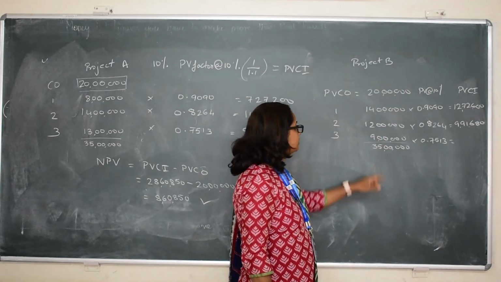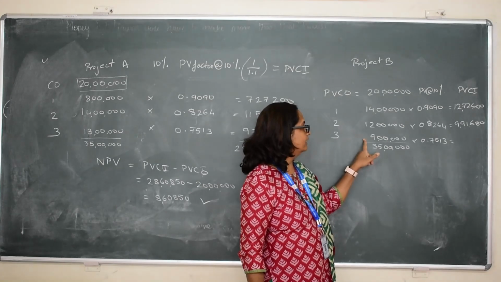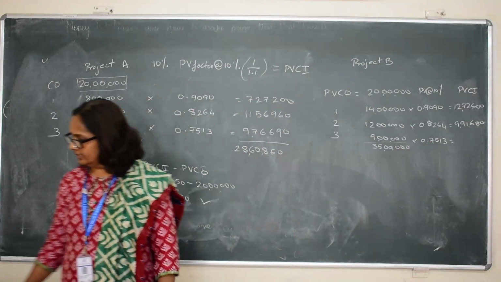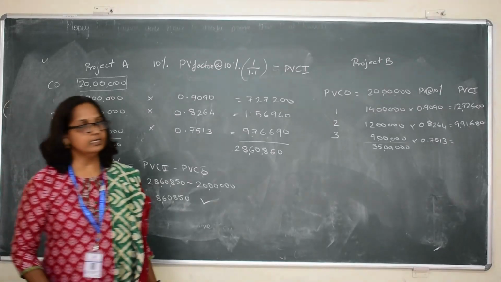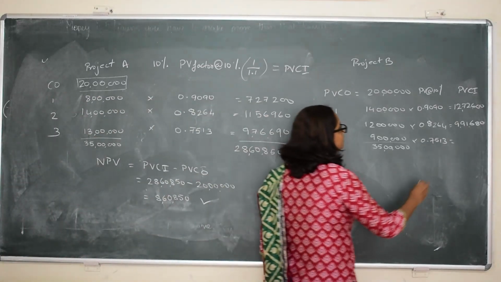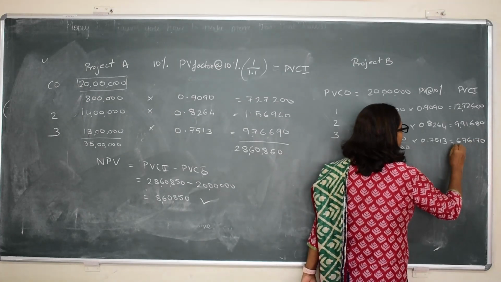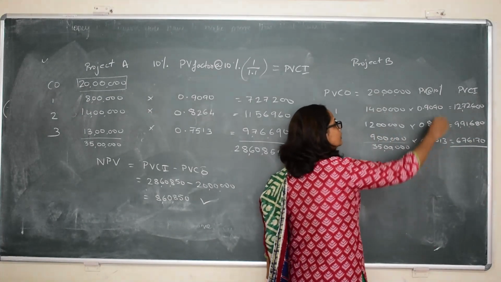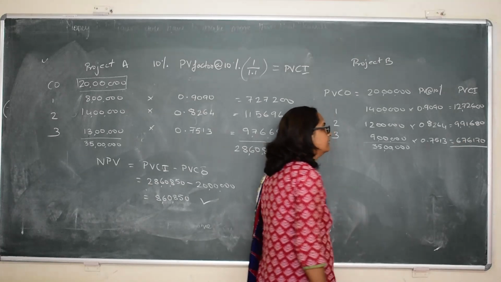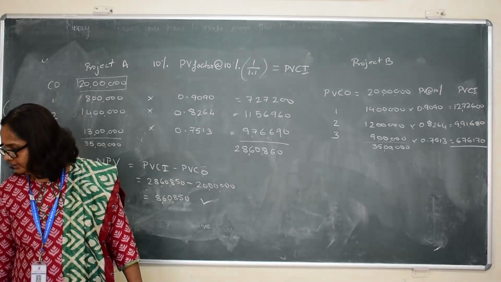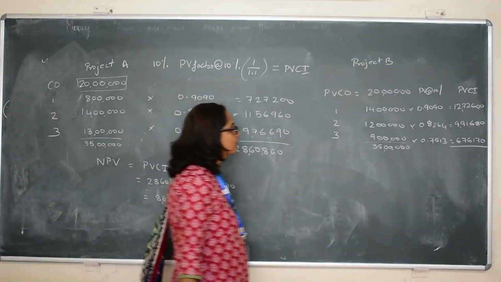And for the last year, I get a return of 9 lakhs, multiplied by the present value factor, I get 6,76,170. And the total of the PVCI is 29,40,450.